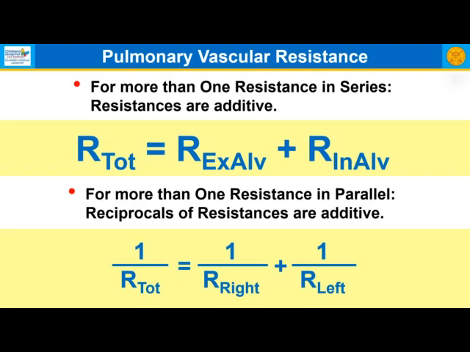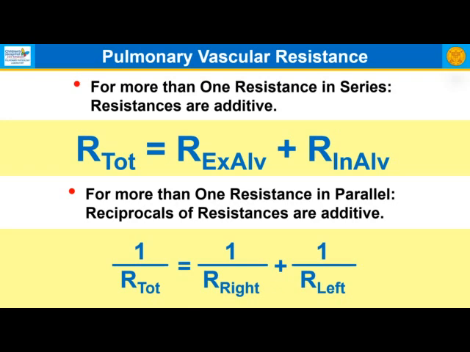So for more than one resistance in series, resistances are additive. So for example, total pulmonary vascular resistance would be equal to the resistance in extraalveolar vessels plus the resistance in intraalveolar vessels. For more than one resistance in parallel, reciprocals of resistance are additive.